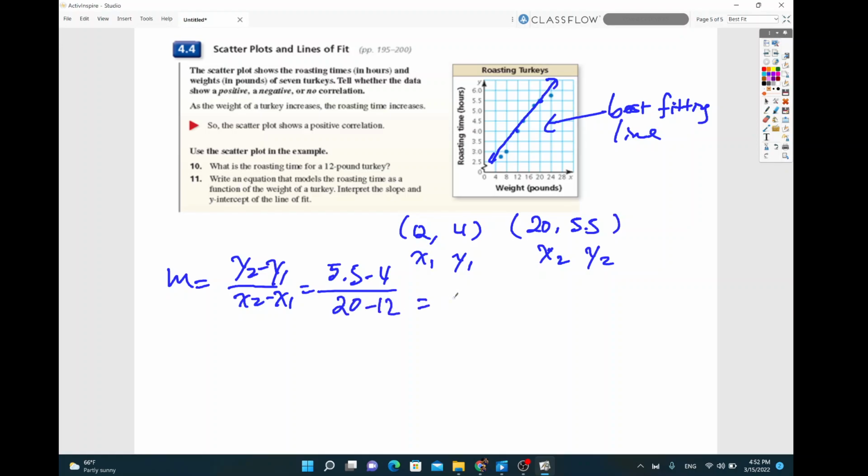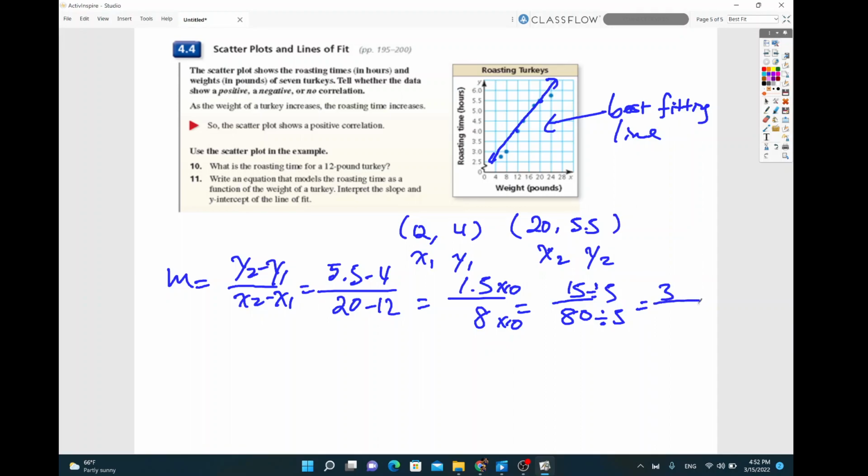So 5.5 minus 4 is 1.5, divided by 8. I don't want to deal with decimals, so let's multiply 10 top and bottom. So we got 15 over 80. And then divide by 5, top and bottom. So we got 3 over 16. So the slope would be 3 over 16.